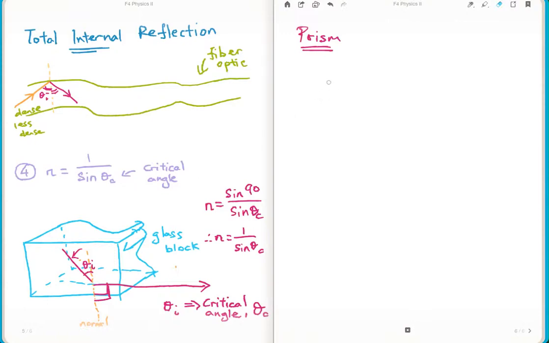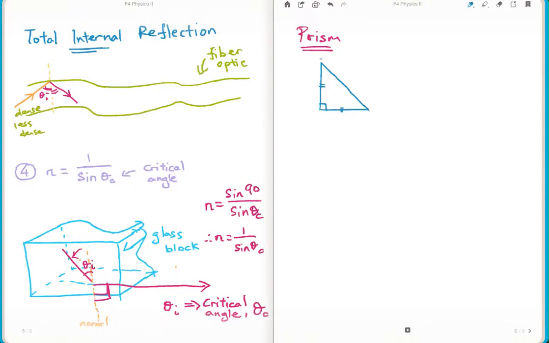One good example of total internal reflection would be a right angle prism. So here is 90 degree, and the length here is the same.